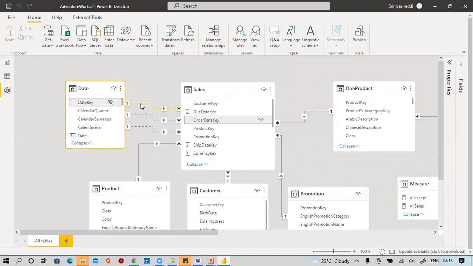One time it is connected to the order date, another time to the due date, and another time to the ship date, which means date is working in three different ways: order, due date and ship date. This is the role playing dimension. And I hope you got the point of the conformed dimension.